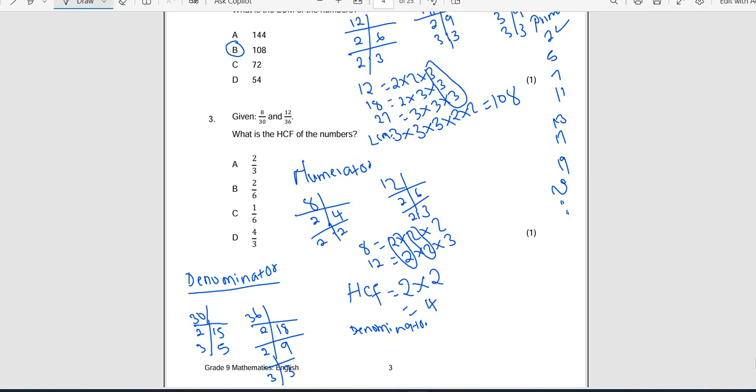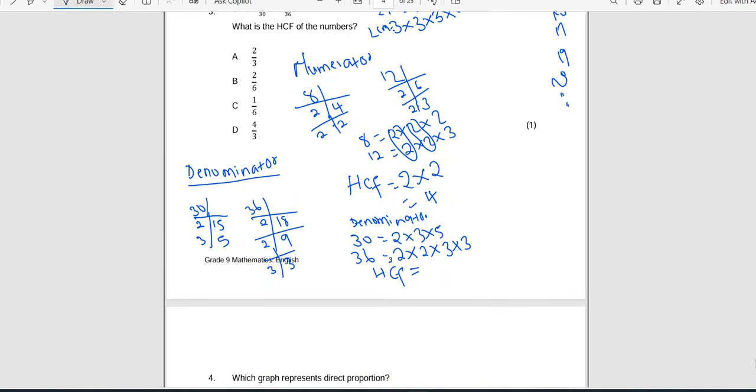So for 30, it's gonna be 2 times 3 times 5. And then for 36, it's gonna be 2 times 2 times 3 times 3. So the highest common factor, we have 2 here, I'll write it down, 2.